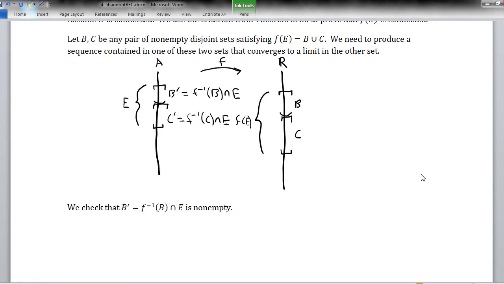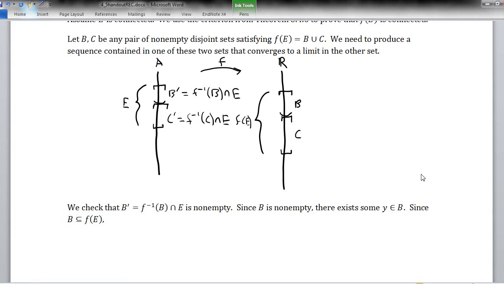Well, we know that B is non-empty, right? So since B is non-empty, well, what does it mean to be non-empty? It means there exists at least one element, let's call it y, in the set B. Okay. Now notice that the set B is a subset of f of E, right?